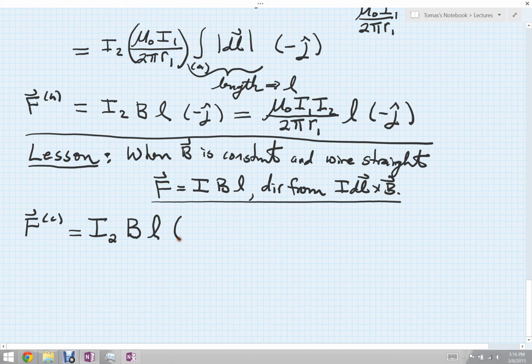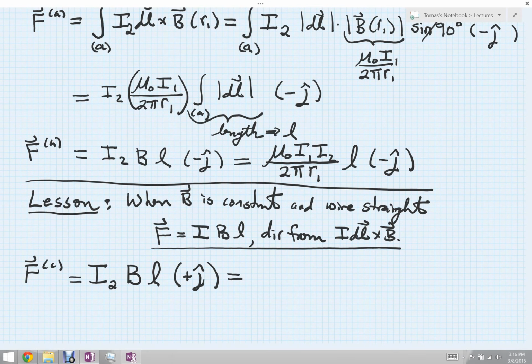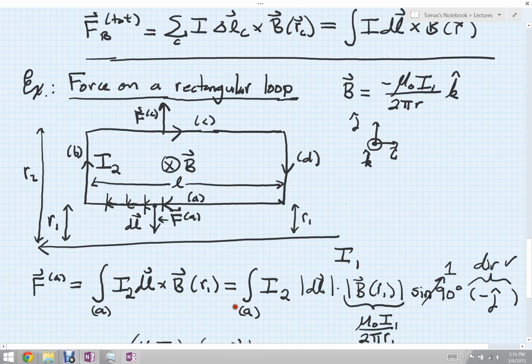We just got the direction as in the upward direction, the plus j hat direction. Now what I have to do is substitute in for my magnetic field, but in this case the magnetic field comes from current I1, so there'll be mu naught I1 on top over 2 pi. But remember now, for wire C, we are at a different distance. We are at a distance R2 from the wire.